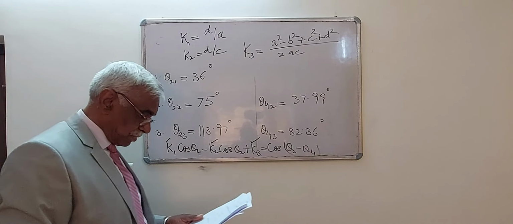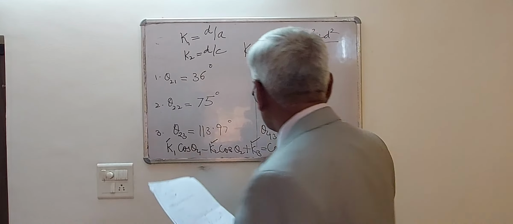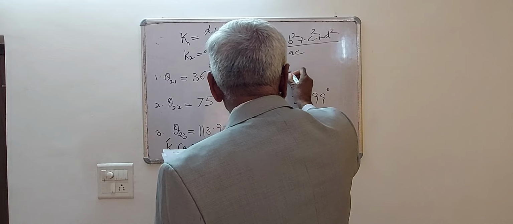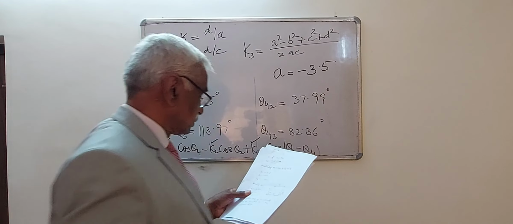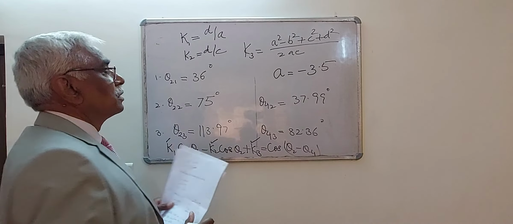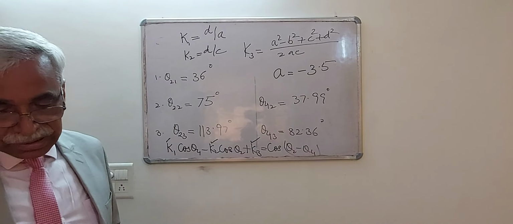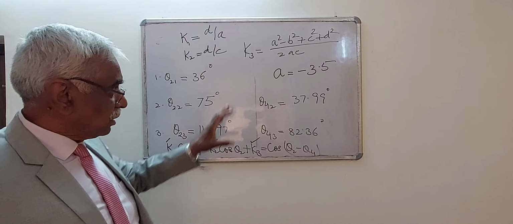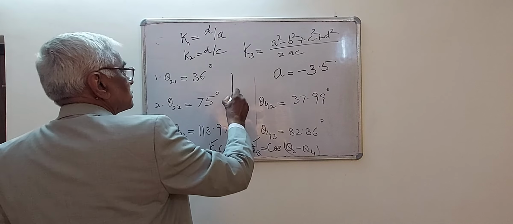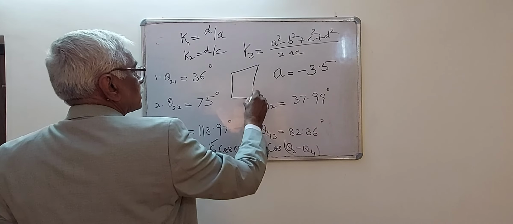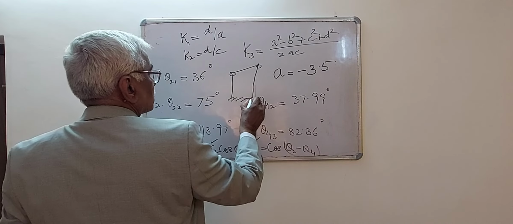Sometimes in the solution, the value of A comes out to be negative. Suppose it is minus 3.5 after calculations. It means the negative sign indicates that the direction of A has reversed itself. Initially the linkage was like this.